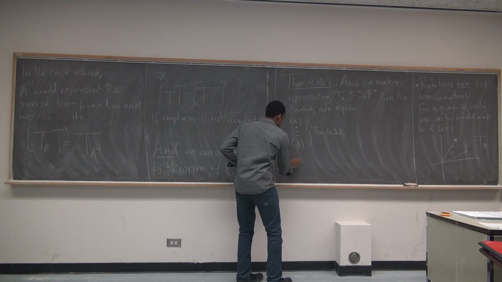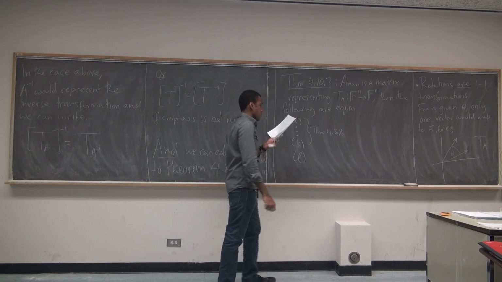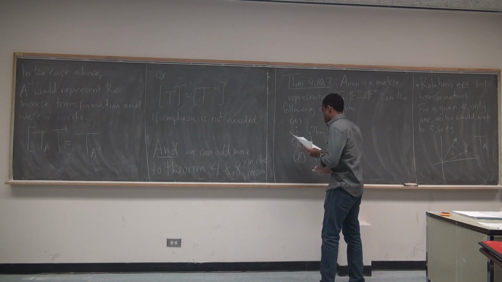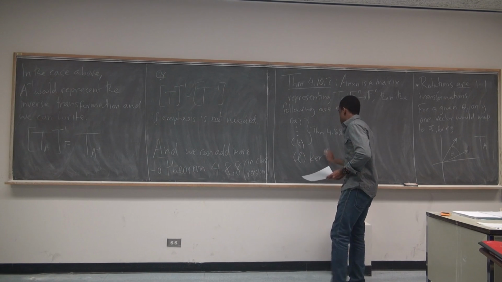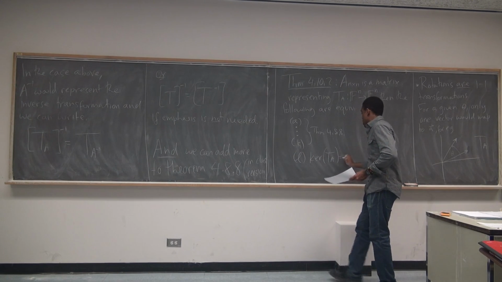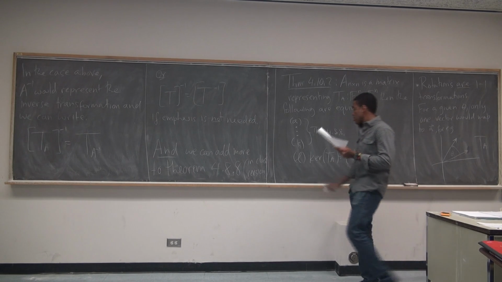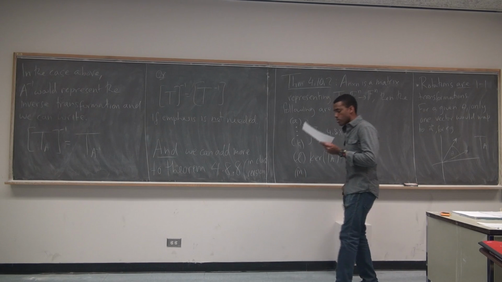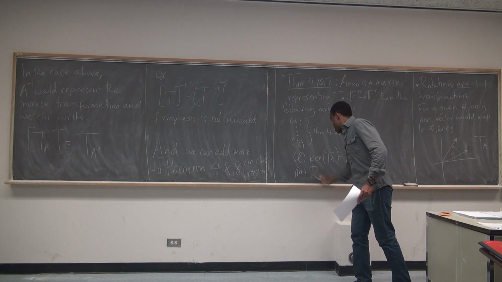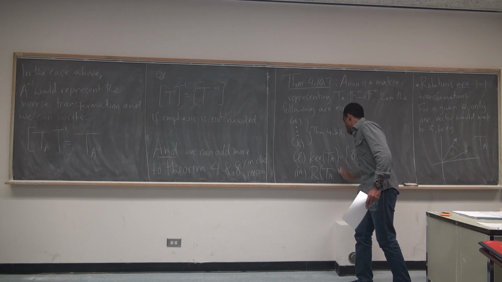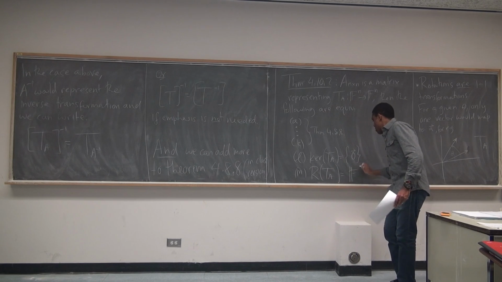Then we can add to that L: the kernel of TA is only the zero vector. M: the range of TA is Fn.